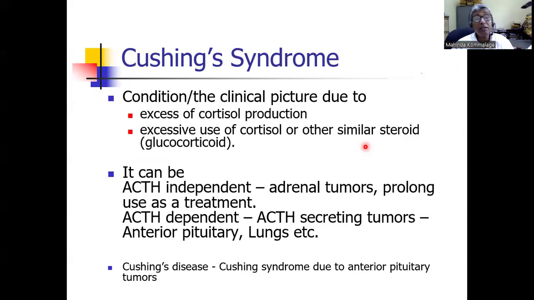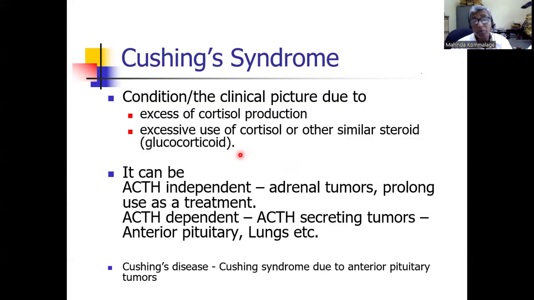or maybe some cortisol-like steroid that we give from outside as a drug. Sometimes we use cortisol-like drugs, prednisolone, dexamethasone, for a longer period. Then it's like excess cortisol in the blood. Excess cortisol production or excess cortisol-like drugs coming from outside.